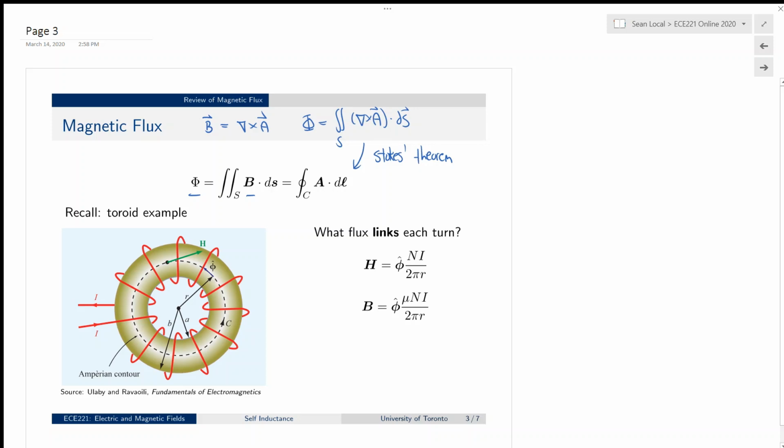And so instead of having to do the surface integral of B dot ds, we can evaluate the contour integral of A about a contour C, that is the outer contour that S is bound by.